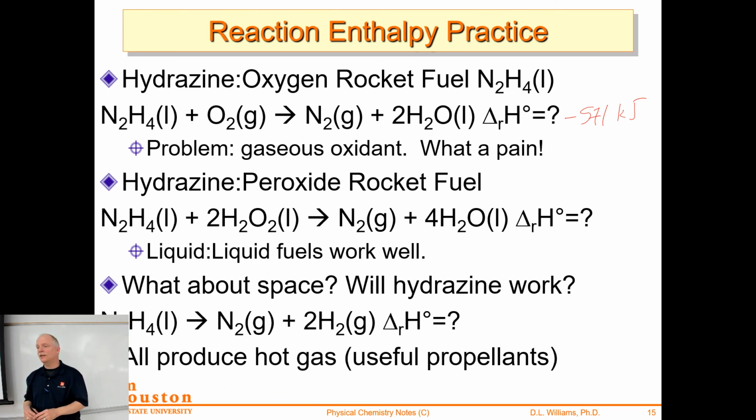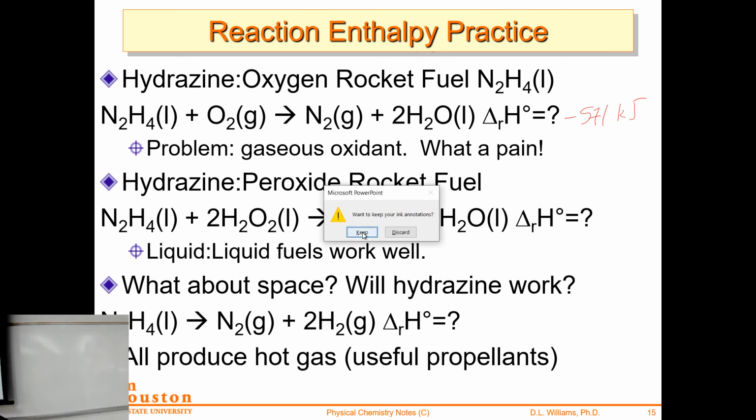Now, hydrogen peroxide is pretty dangerous in its pure state, so you're not really helping yourself too much by going to hydrogen peroxide. But if you can handle liquid oxygen, you can handle liquid hydrogen peroxide, and you don't have to have the cryogenics. And so I've got these numbers here just to save us some time.